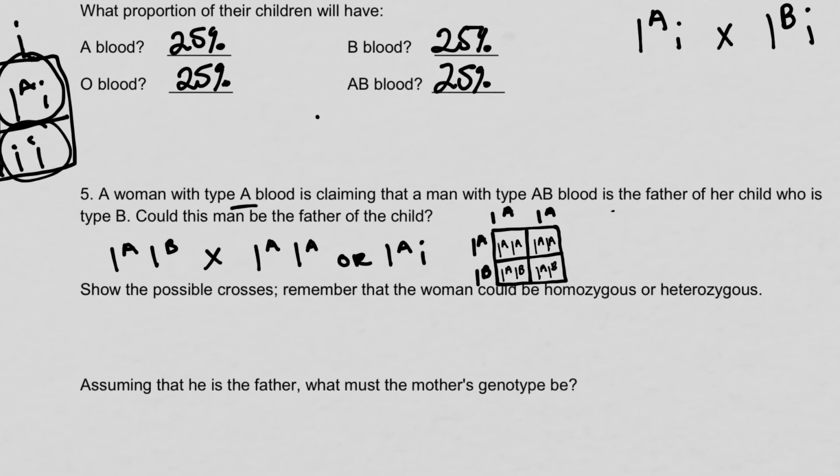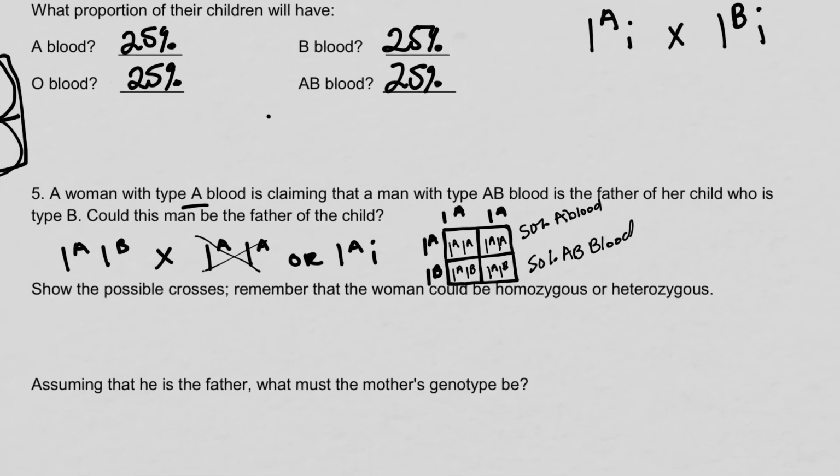So in this case, it's going to be 50% A blood and 50% AB blood. So this would not work. If that's her genotype, that wouldn't work. So now we can try the other one.